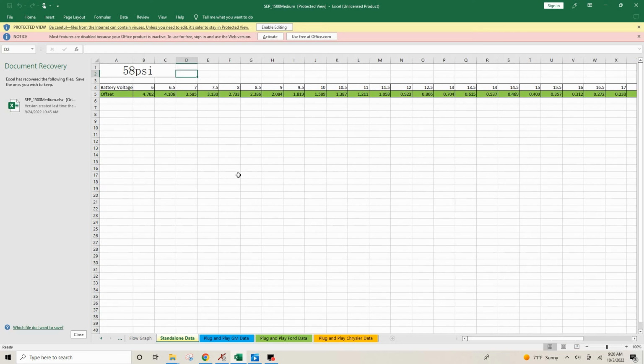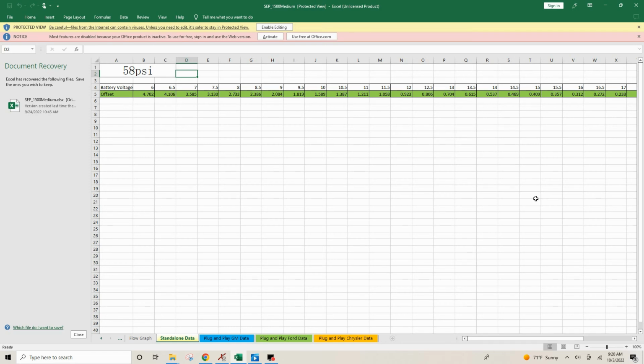This is our injector dead times. It's in battery voltage with the PSI. So the PSI versus the battery voltage versus the offset, which is your dead time. Anyways, you can see the voltage here.